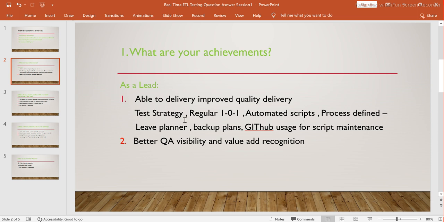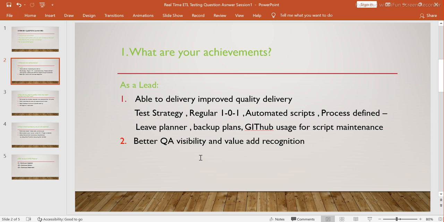So these are the few things that I did as part of my delivery, basically to improve the overall quality of delivery. And obviously that gives a byproduct, right? The byproduct is that we got better QA visibility and value addition, and we got a lot of recognition across the board.